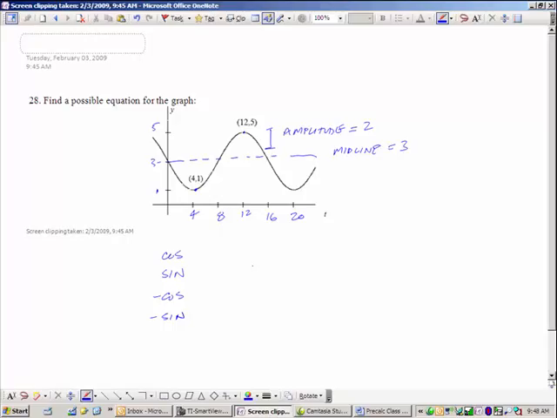I think we should call it cosine and talk about shifting it over. And then when we're finished, we could go back and say, you know what, you could have called it something else and not had to have shifted it. Okay, so let's call it cosine. All right, so y equals something cosine. The amplitude is 2. So 2 cosine something plus 3, because that's the midline.